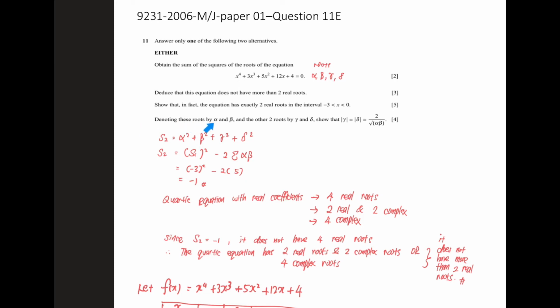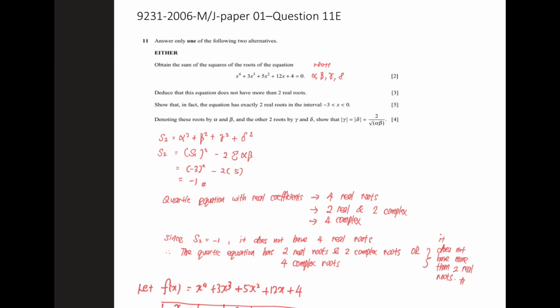Now let's look at the last part. Denoting these roots by alpha and beta, so the two real roots are known as alpha and beta, and the other two roots by gamma and delta. So these two are complex roots. Show that the modulus of gamma equals the modulus of delta, which equals 2 over square root of alpha beta.